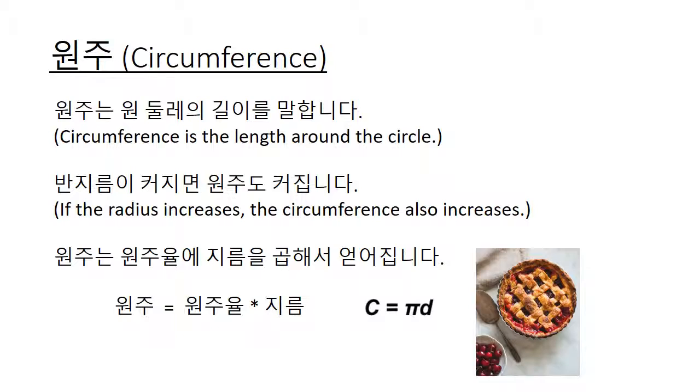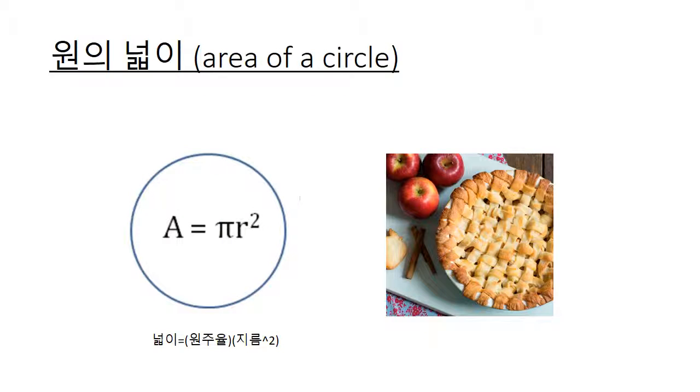A mnemonic that helped me memorize this when I was learning about circles in middle school was cherry pie is delicious. So C is cherry, pi is just pie, D is delicious. If you're having trouble memorizing the formula, just try to remember that mnemonic. The formula for finding the area of a circle is A equals pi r squared.